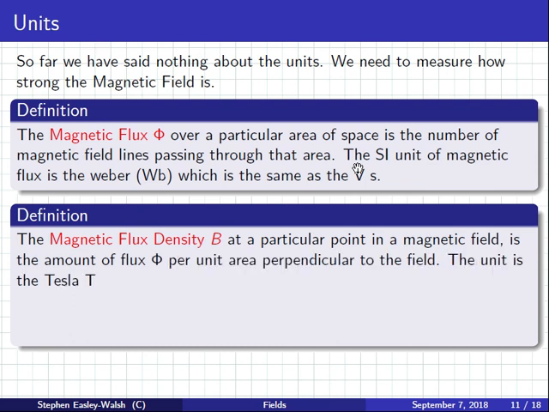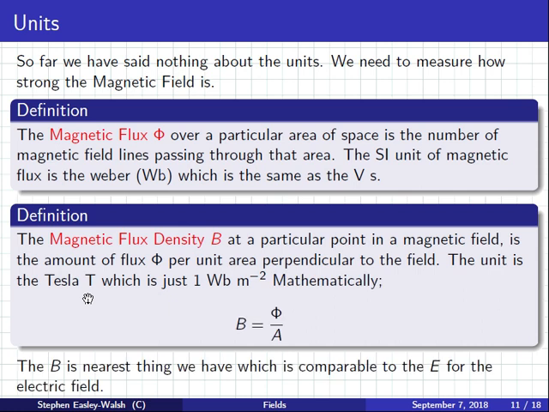The unit is 1 Weber per meter squared. We also call that a Tesla, T. And the formula is that, B is the density.